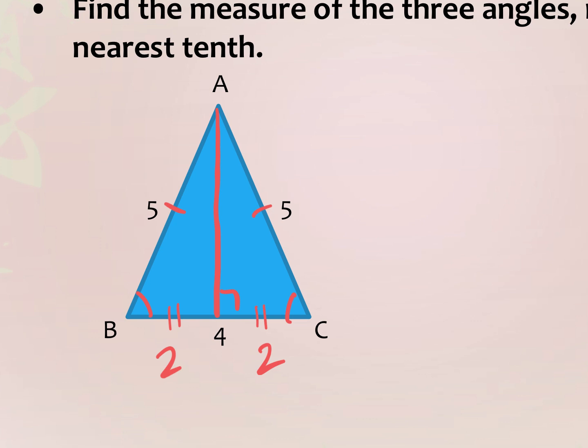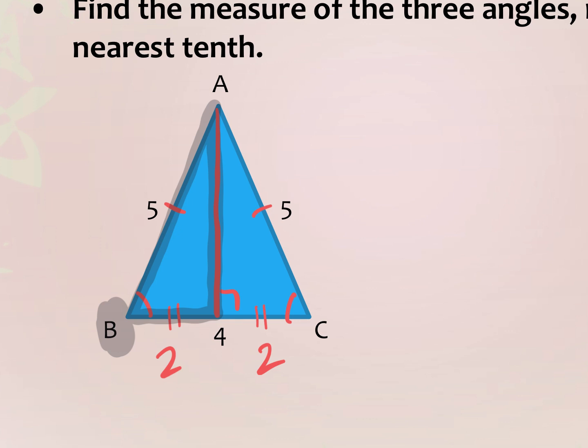So let's go ahead and try to solve for angle B here. I want us to focus on only the right triangle on the left-hand side. Remember, we don't know the length of that altitude yet. So let's refer to angle B. What would the 2 be, the length of 2 in relation to angle B?